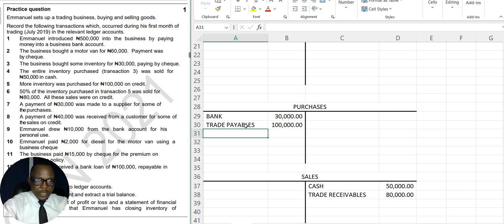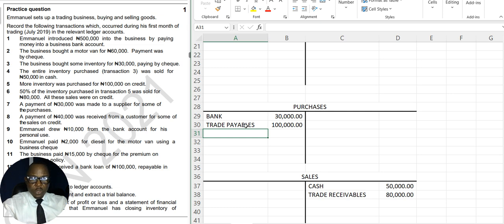A payment of 30,000 was made to a supplier for some of the purchases. All right, we made some purchases on credit. Now we are paying the supplier back. What are the two transactions that are involved here? Was it through cash?